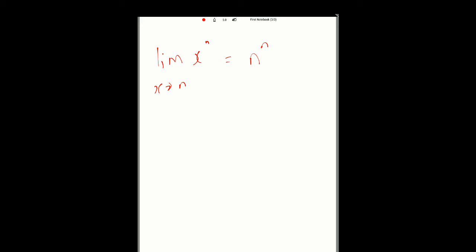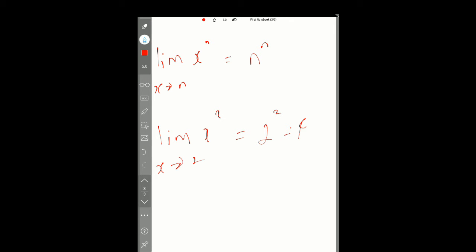So, for example, let's say that we have the limit of x squared as x approaches 2. That would give us 2 squared, which is equal to 4. So the limit of x to a power as x approaches any number a, all we do is direct substitution. Just plug this number in there, saying that x is equal to that number.